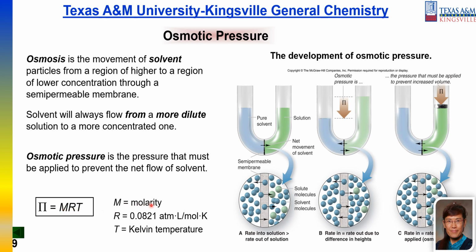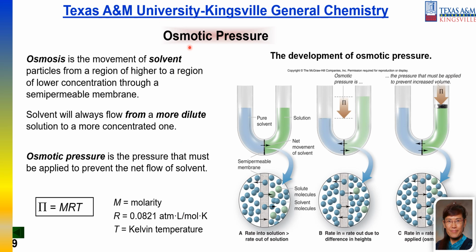M represents molarity, moles per liter. Capital R represents the ideal gas constant, 0.08206 atm liter per mole per Kelvin. Temperature must be in Kelvin.